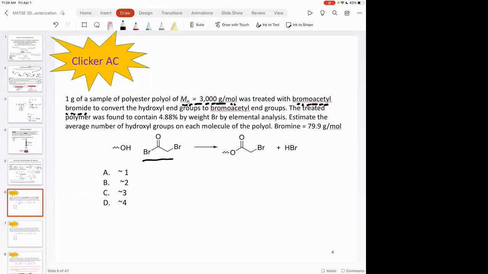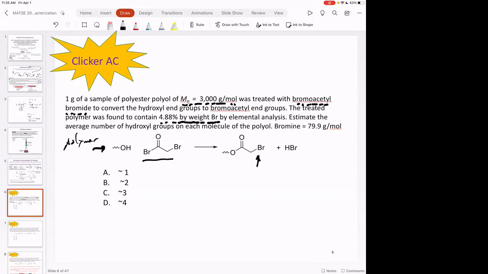So I'll generally give you the reaction so you know that a bromine ends up at the end. So here's our polymer. Now we're going to put bromine at the end. The treated polymer was found to contain 4.88% by weight bromine when we do elemental analysis. That's for the whole polymer sample. Estimate the average number of hydroxyl groups on each molecule of the polyol.